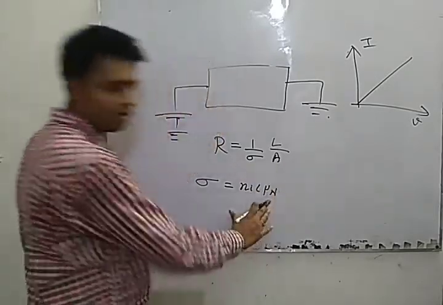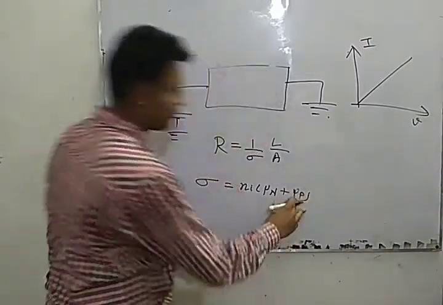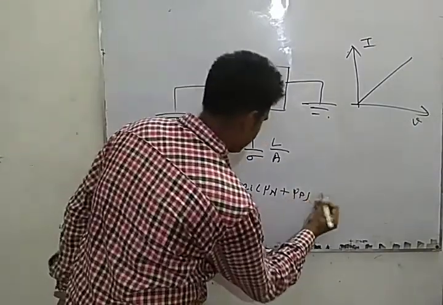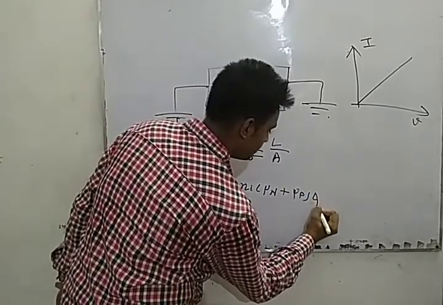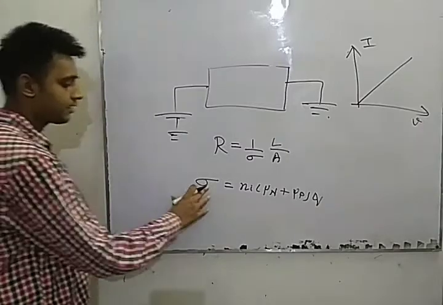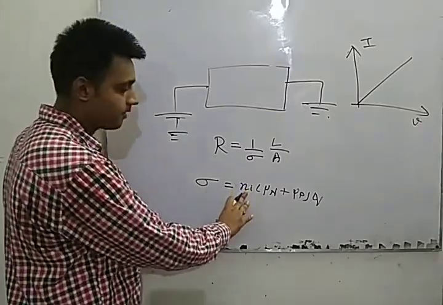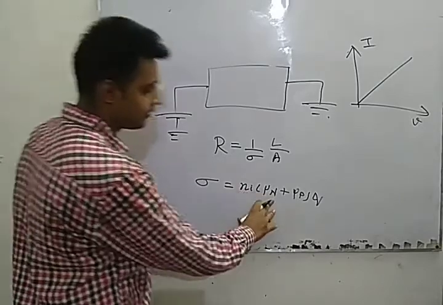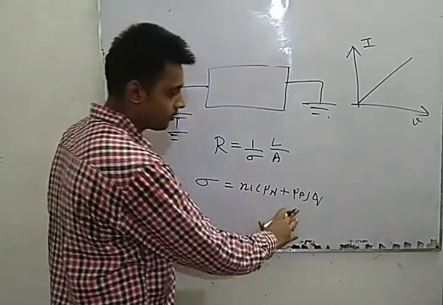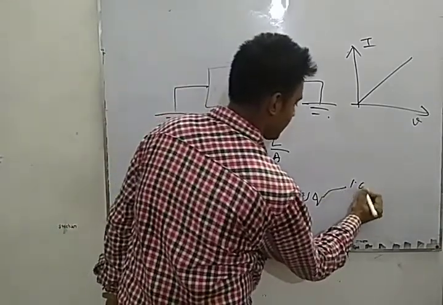Sigma equals Ni times mu n, that is the mobility of the electrons, plus mu p, that is the mobility of the holes, and this term is multiplied by Q, the electron charge. Here sigma is known as the conductivity. Ni is the intrinsic carrier concentration, as we previously studied. Mu n is the mobility of electrons, mu p is the mobility of the holes, and Q is the charge, with the value 1.6 × 10 to the power minus 19.